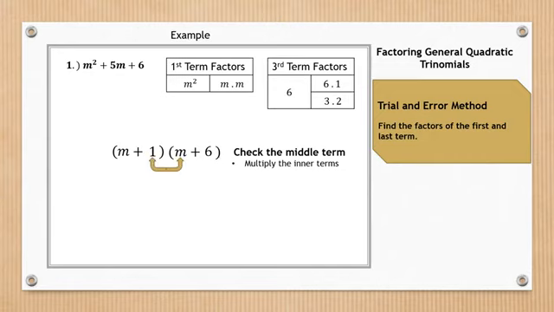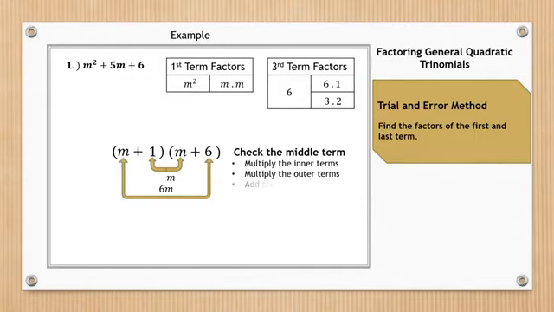Okay? So, inner terms. Okay, so that is 1 times m, that is m. Right? 1 times m, that is equal to m. Next, you have to multiply the outer terms. Ito na naman, yung mga nasa labas. So, m times 6 is 6m.